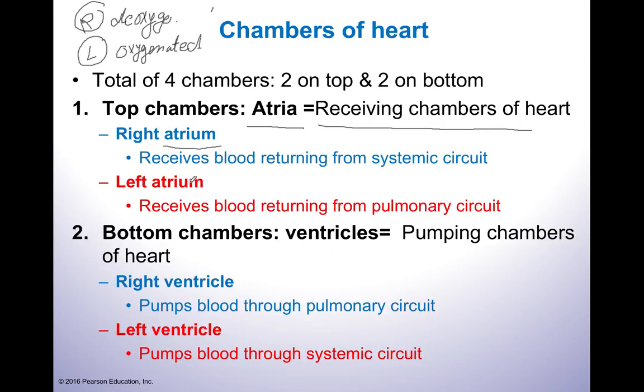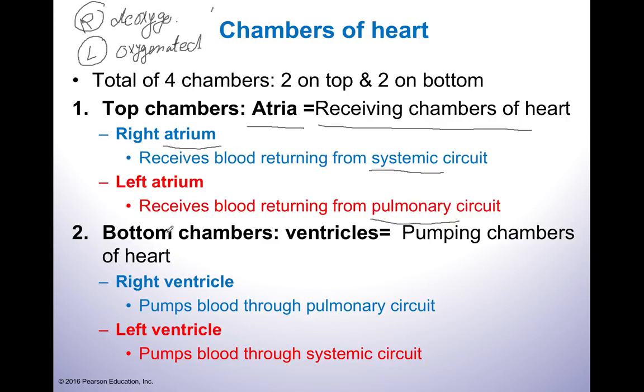And because it's deoxygenated, it means that it's coming from the body which has used up the oxygen. So it's basically coming from the systemic circulation. Versus the blood that is coming into the left atrium: this blood has gone to the lungs and it's oxygenated blood, hence the color red again. And therefore it is coming from the pulmonary circulation because it's coming from the lungs.